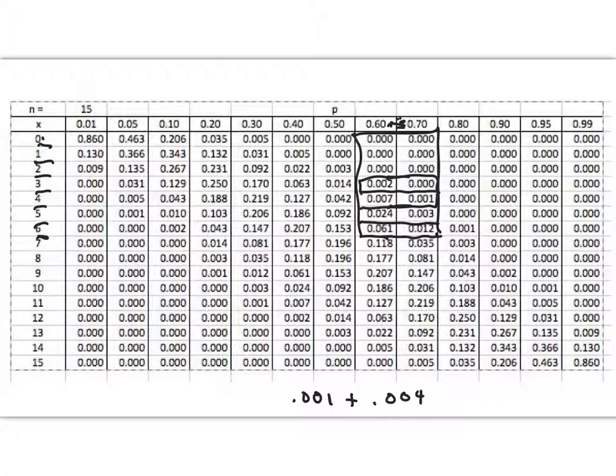The average of these two is 0.0135. And the average of the last two here is 0.0365. Now I can add all of these together, and I end up with 0.05.